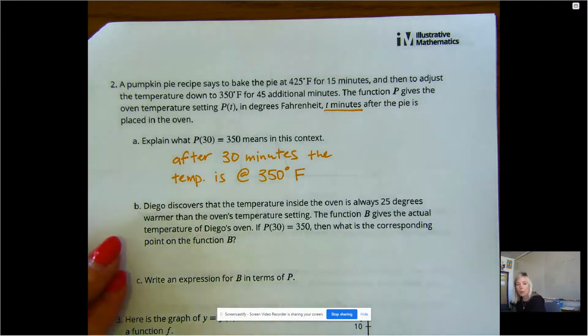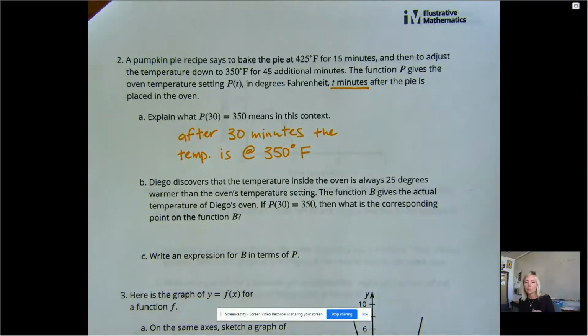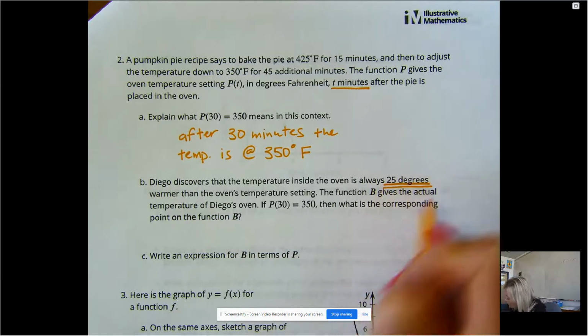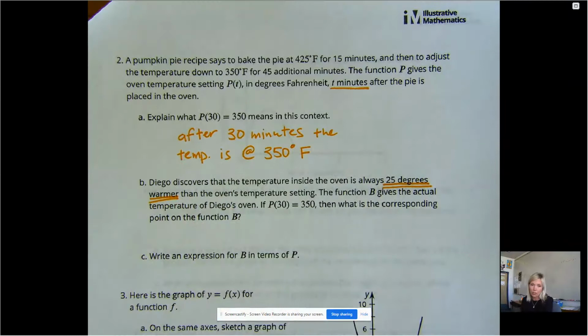All right, now in part B, Diego discovers that the temperature inside the oven is always 25 degrees warmer than the oven's temperature setting. The function B gives the actual temperature of Diego's oven. If P of 30 equals 350, what is the corresponding point on the function B? All right, so let's think about this. The temperature is the output. So this 25 degrees warmer, that's an output change, not an input change, right?